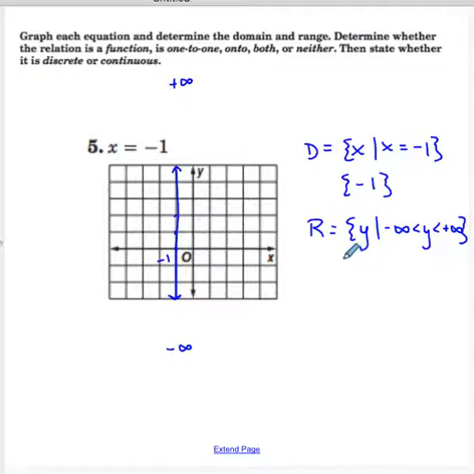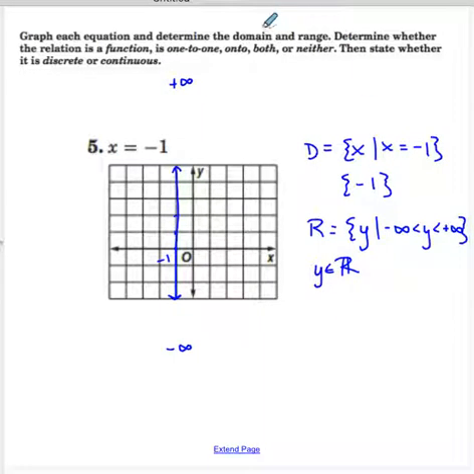Okay, or I might just want to say that it's the set of all real numbers. To be really clear, I might say that y is an element of the set of all real numbers. Okay, so those are my domain and range.